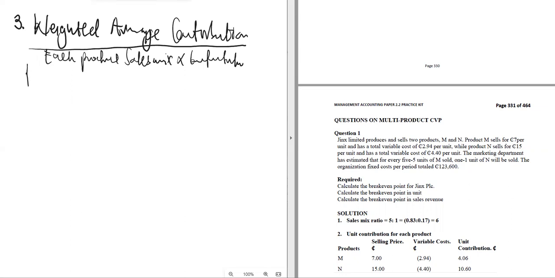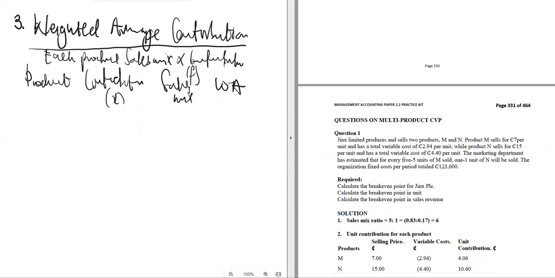So I'm going to bring the product here, bring its contribution, bring its sales mix, and bring its weighted average. It's like how you calculate mean: you have X, you have F, and you have FX, just like what you do in mathematics.